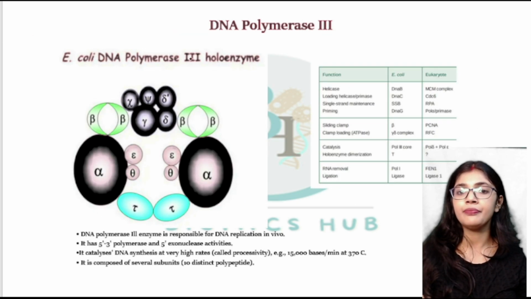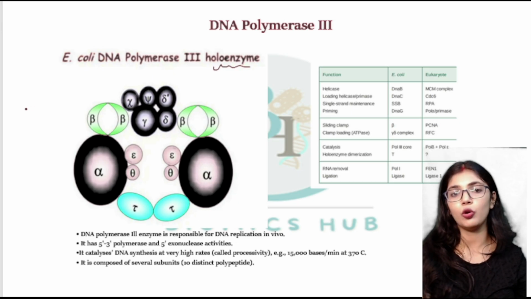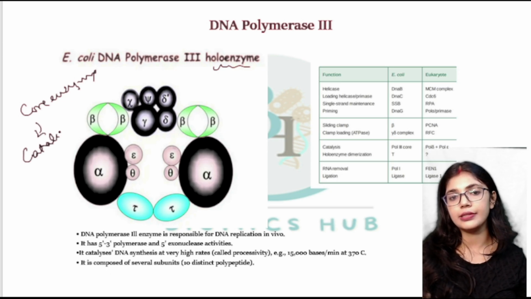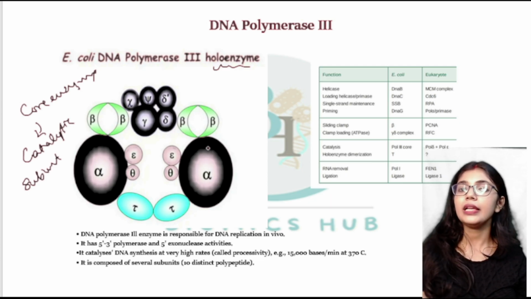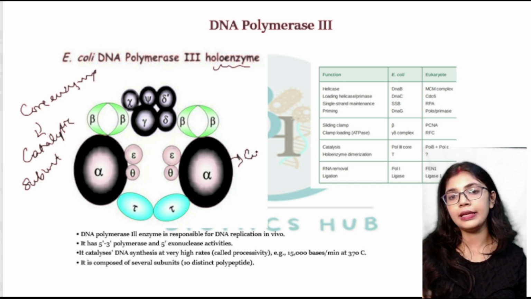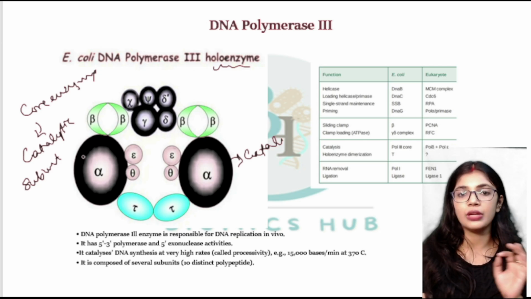It has a holoenzyme and a core enzyme. The core enzyme, or we can say the catalytic subunit, consists of alpha, theta and epsilon. All put together, this is known as the holoenzyme.